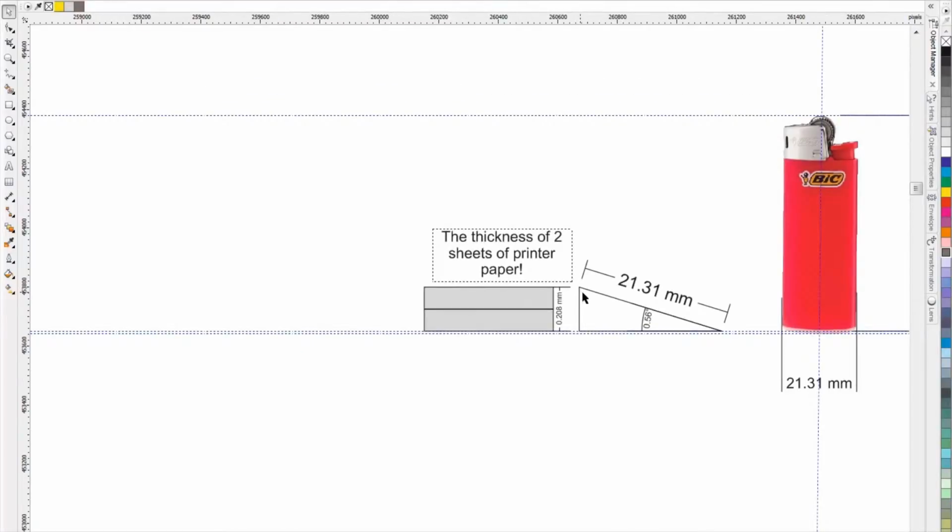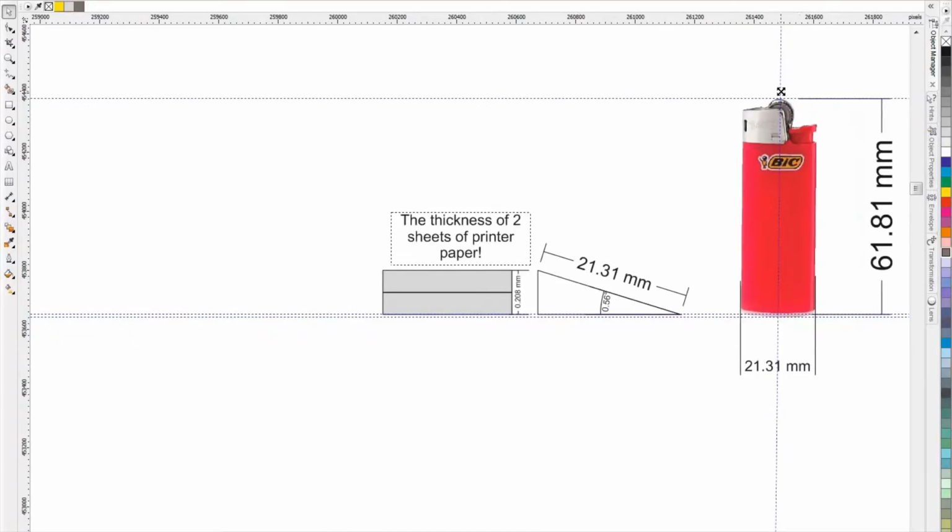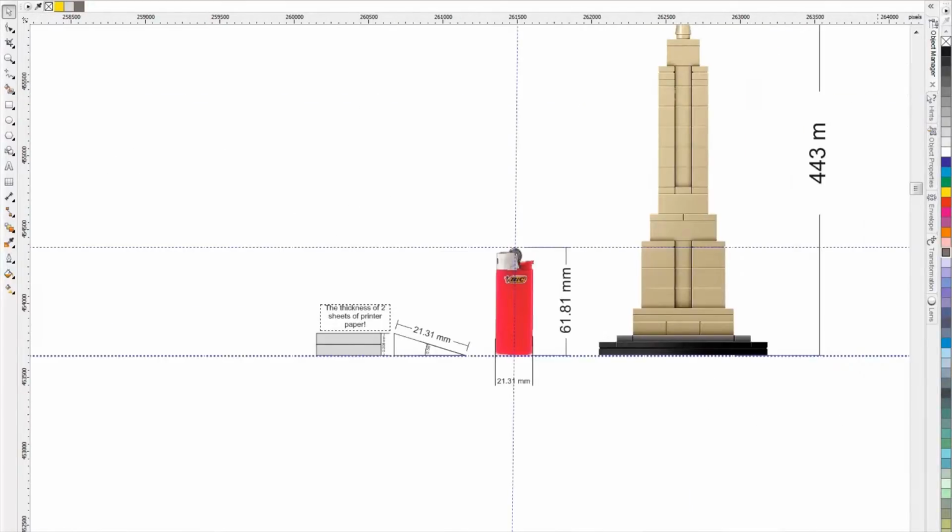We slide them under one of its sides, and that 0.2 millimeter thickness would incline the lighter at a 0.56 degree angle. This lighter has already been inclined at such an angle. You cannot perceive it, can you?